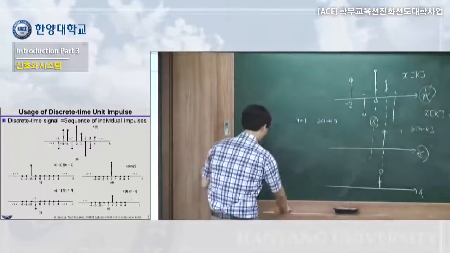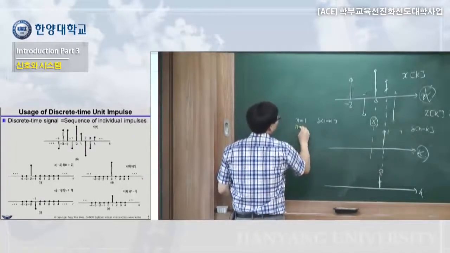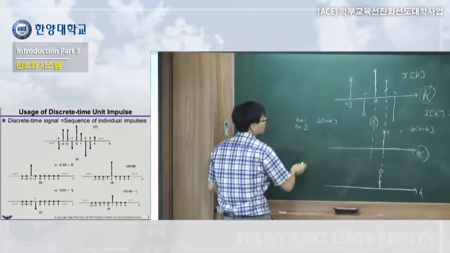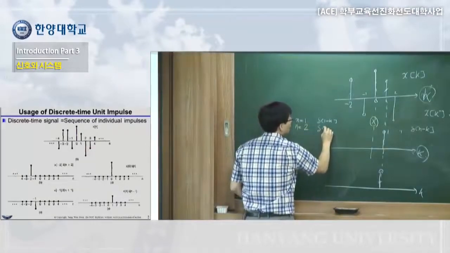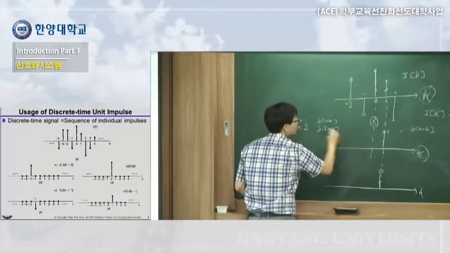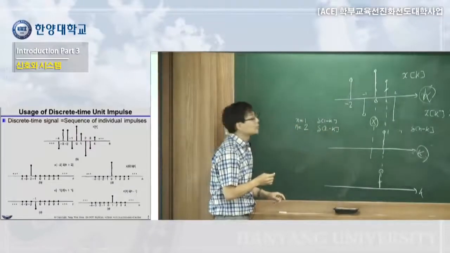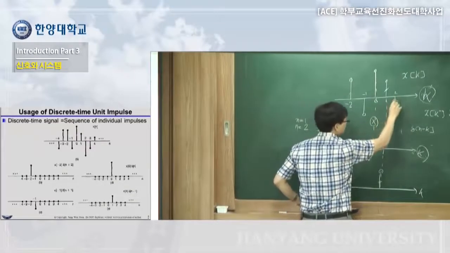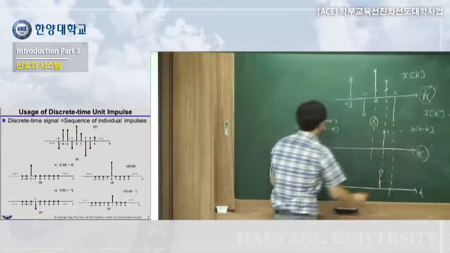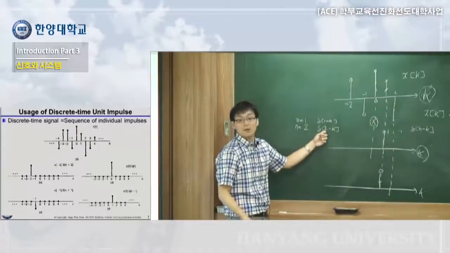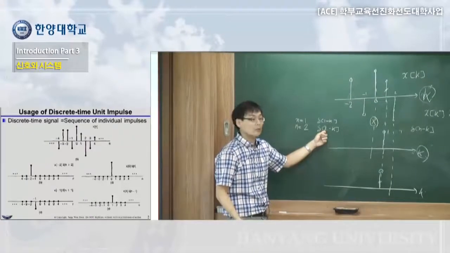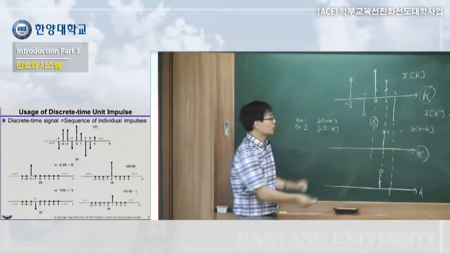One more time. When n equals 2, the delta function will be delta 2 minus k, right? When k is 2, the value inside the delta function is 0, so the delta function will be 1 when k equals 2.